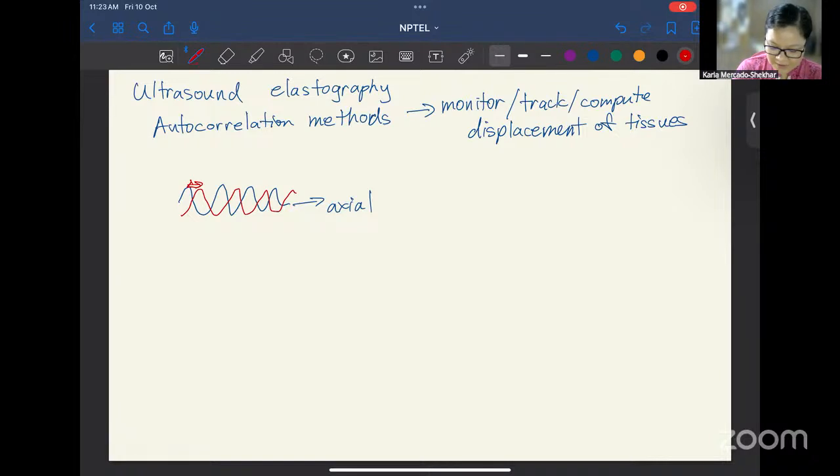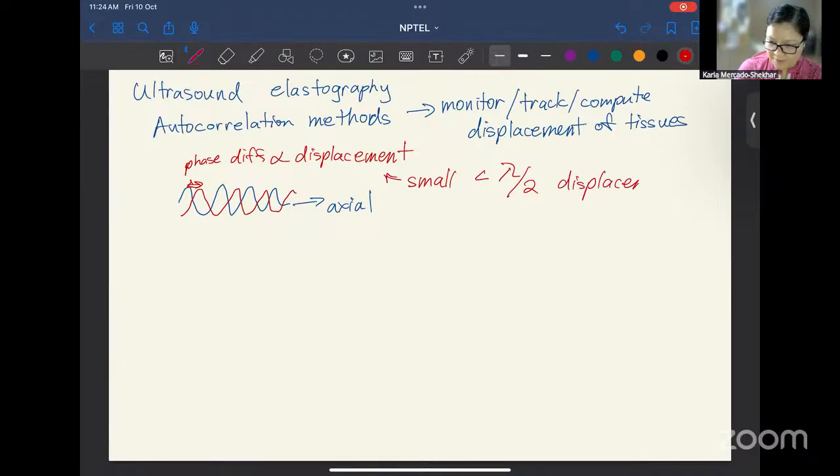So there could be a phase difference happening here, and that phase can be related or proportional to the displacement. So these are the phase-based methods, useful for relatively small displacements, less than half a wavelength.